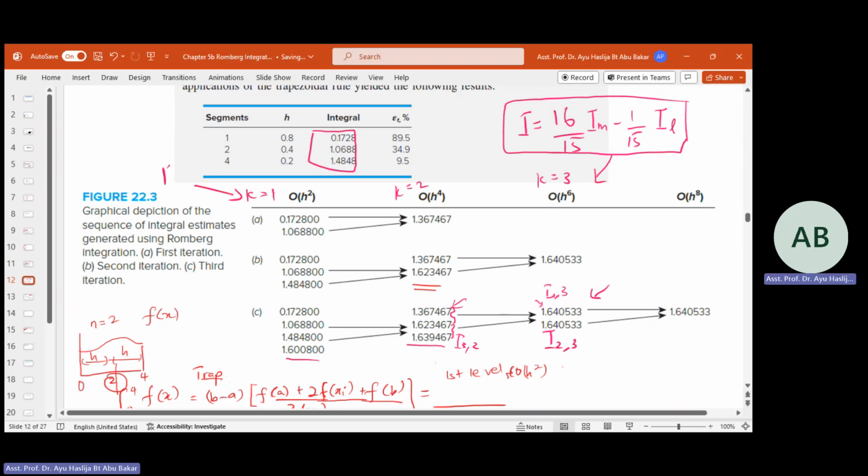First level is trapezoid, be it single or multiple.